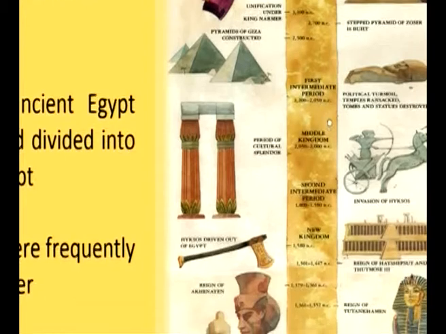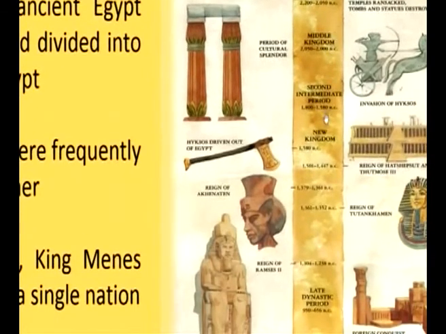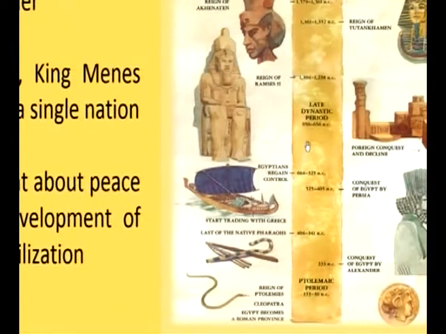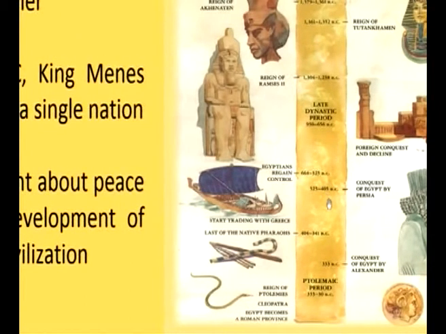first intermediate period, and again in the second intermediate period was the reign of Astiput, and the temples of Amun-Ra were built. In the late dynastic period, there was a foreign conquest and decline, which led to the decline of Egyptian civilization, and it was conquered by Persia around 525 to 405 BC.